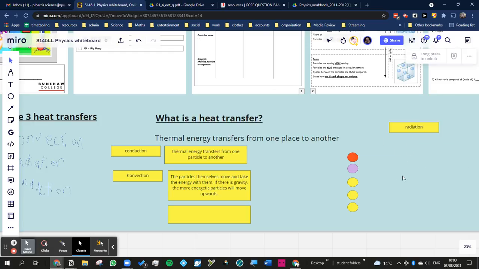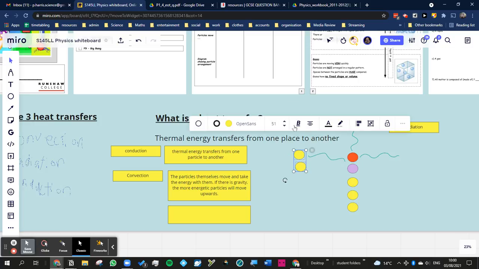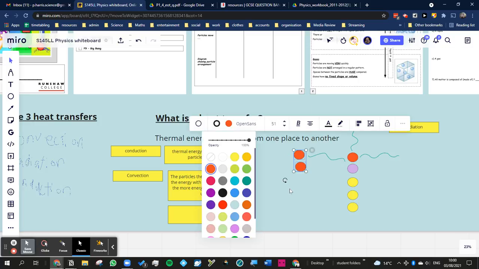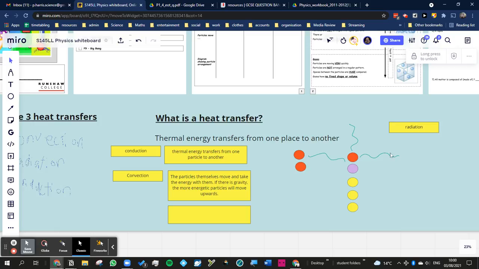And this time they will lose energy as waves. So the radiation is waves. And of course, if there was another particle over here, or maybe a few particles over here, then these particles will absorb that energy, and they will start to heat up. So now they will be hot.